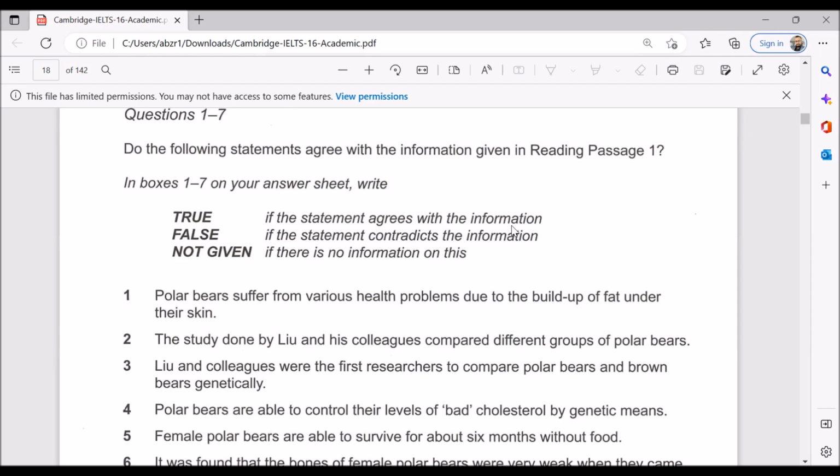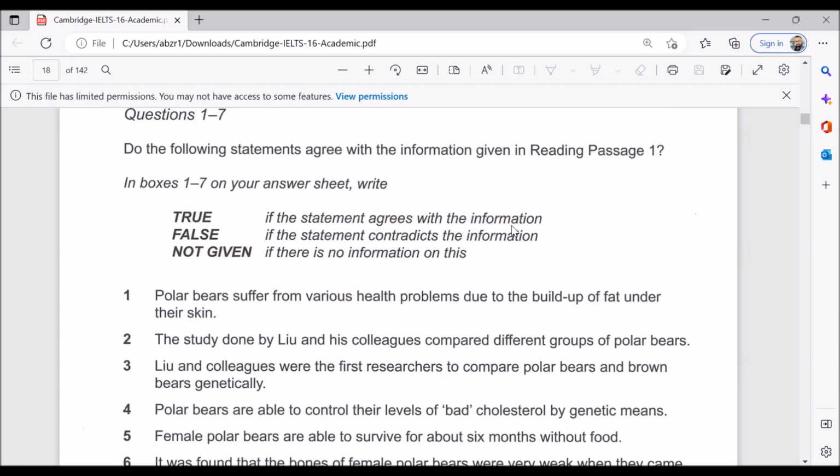Not given is something you need to understand: if information is not given in the passage, maybe you find the information correct. You have knowledge about the topic already, and you know the statement written here is absolutely perfect. It has nothing to do with this answer. The answer would only come from the passage given. This is the reading test.